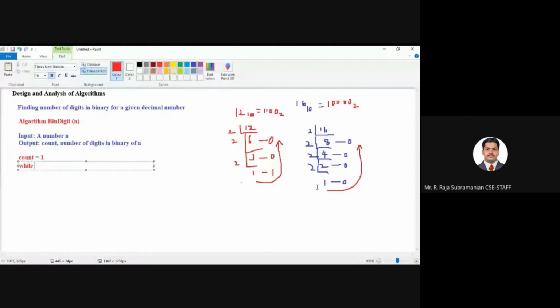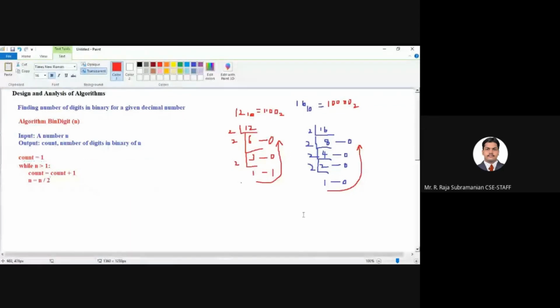But by using non-recursion, I can use a looping operation where I take while n is greater than 1. If n is greater than 1, what I should do is make count equal to count plus 1. Next, n is equal to n divided by 2. Let it be n divided by 2.